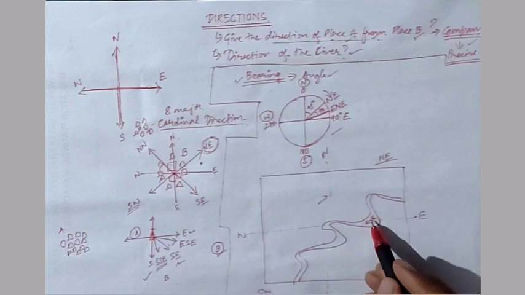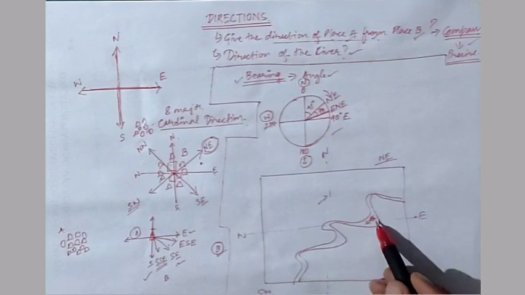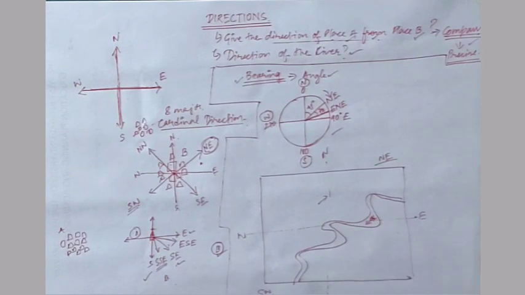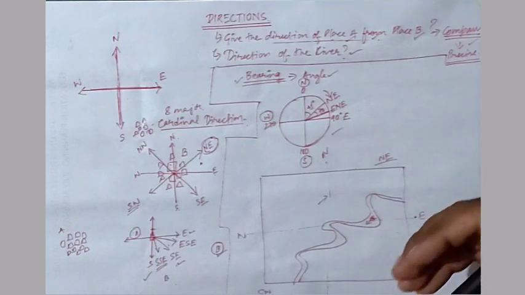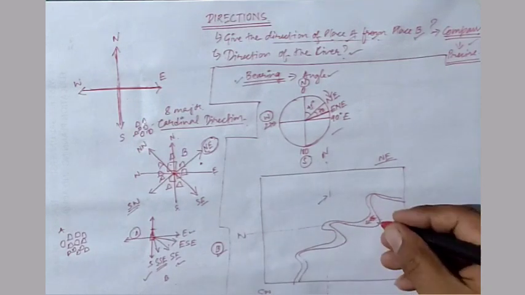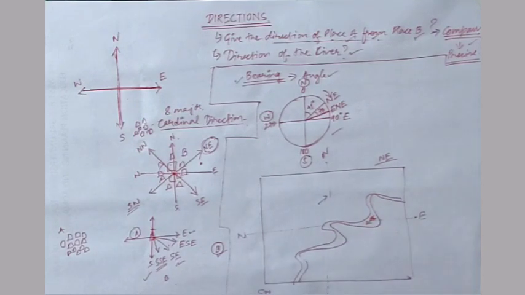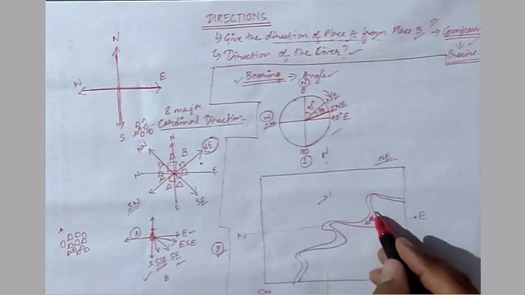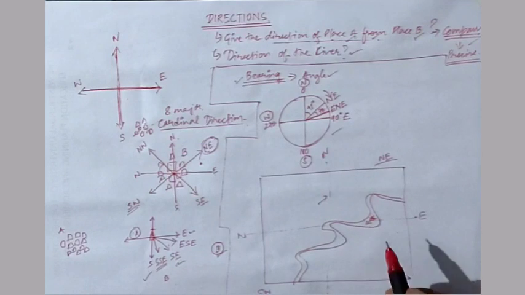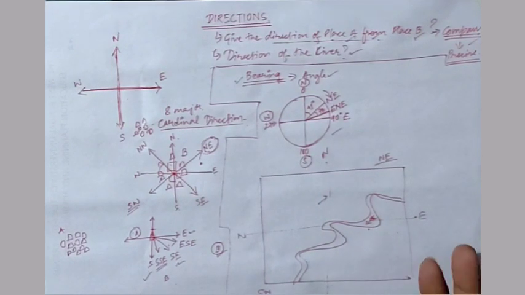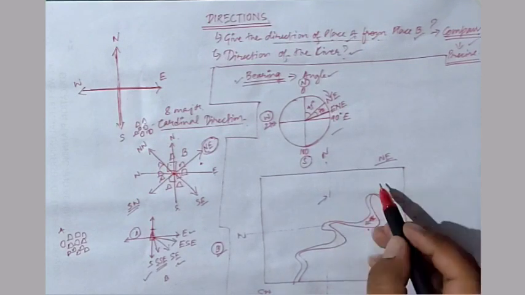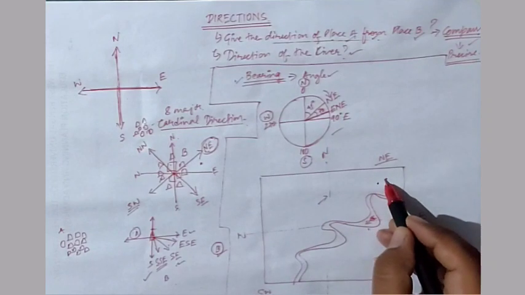If the arrow is given, the arrow head will be the direction in which the river is flowing, and the arrow tail will be the direction from where the river is flowing. So you need to search for an arrow in the river, and according to that we can identify the direction of the river. Now what if the arrow is not given, or not present? Then you need to see the spot heights.